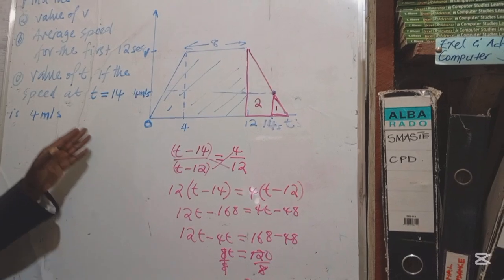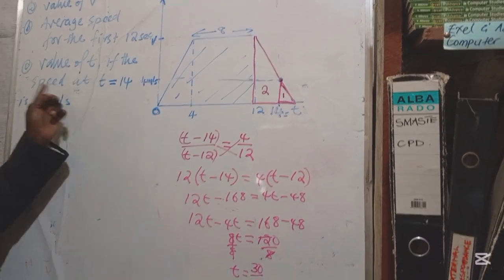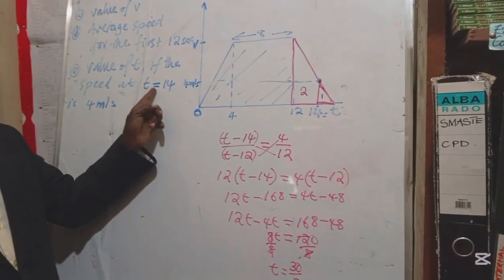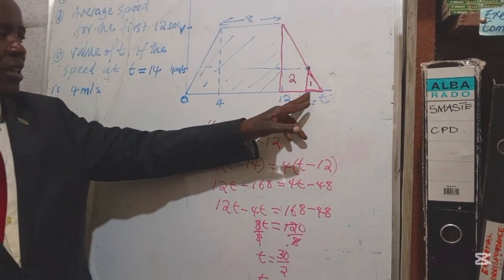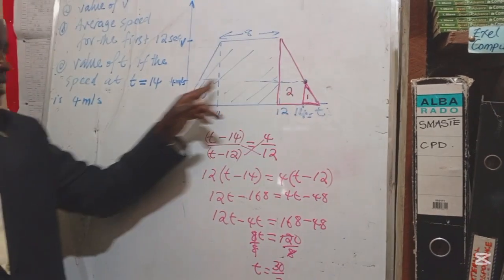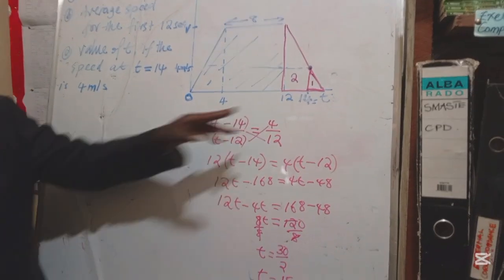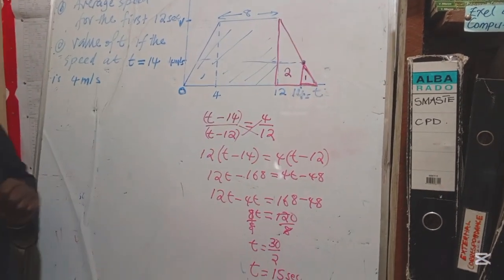Now they are telling me to find the value of t if the speed at t is equal to 14 when it is 4 meters per second. The time here is 14 and it gives me 4 meters per second. Now they are asking me to find the final t there.